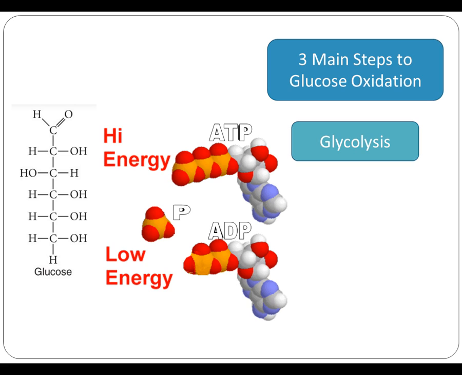So following glycolysis in the cytoplasm, pyruvate is made, ATP is made, NADH is liberated, and hydrogen ions are released. Liberated, what's that exactly? Liberated, freed, released.